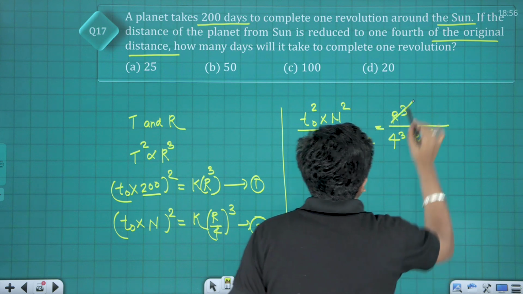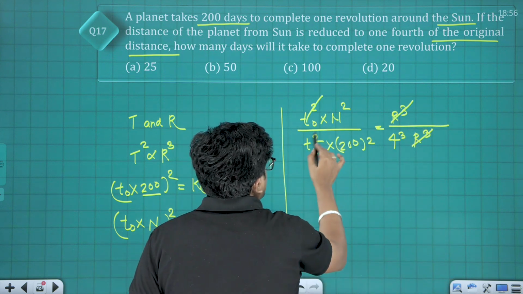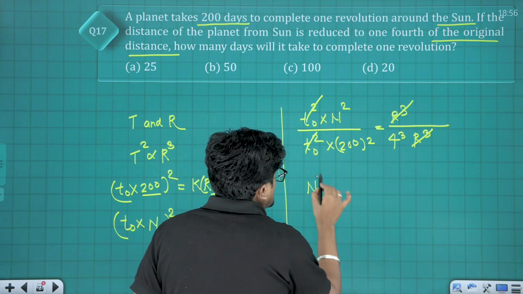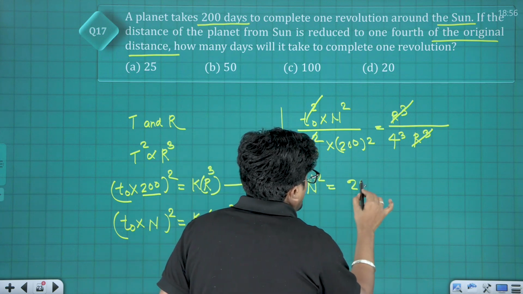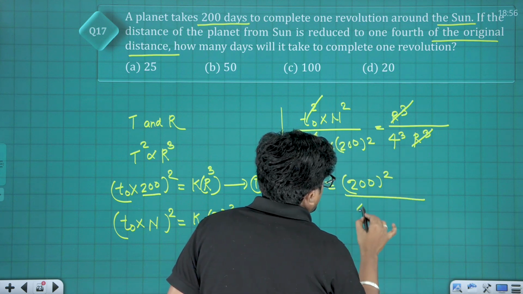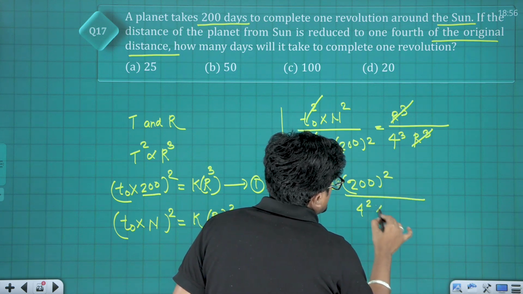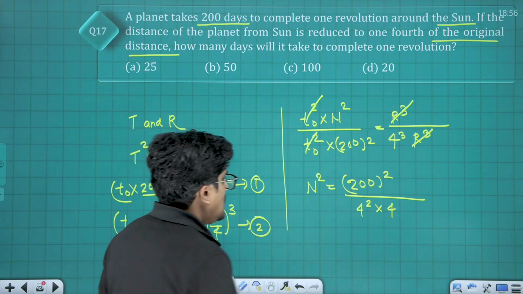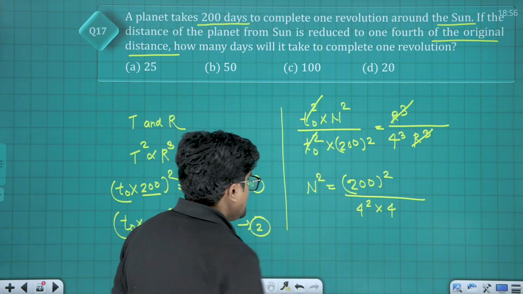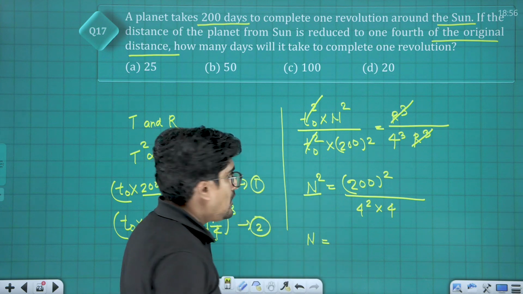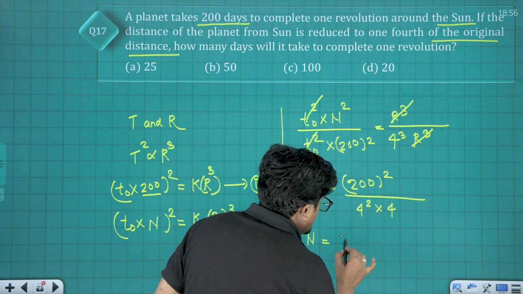So R cube and R cube will cancel. This one and this one will cancel. This will go to the right. Now N square is equal to 200 square all divided by 4 square into 4, I can say, isn't it? Now if I take the square root of this, here this is going to be what? N. And if I go for this, here this is going to be what?